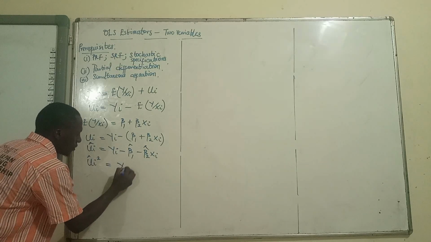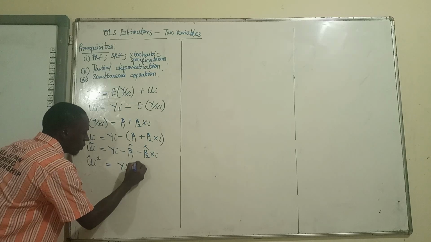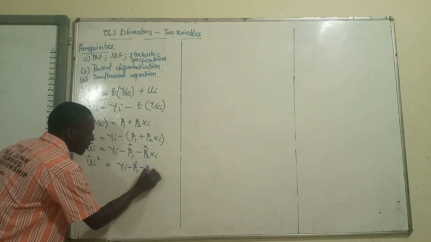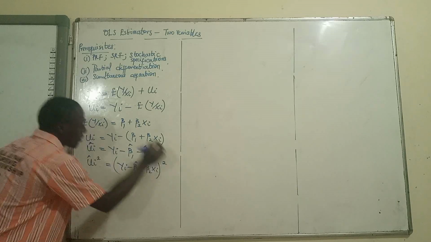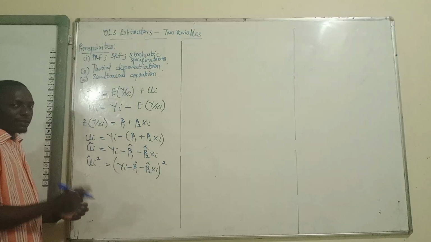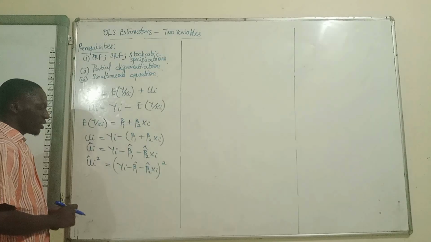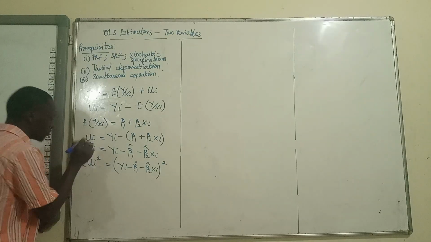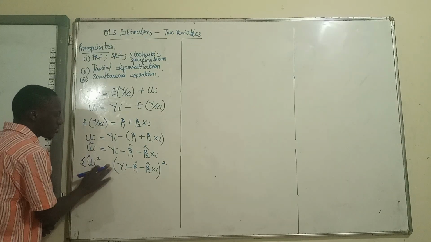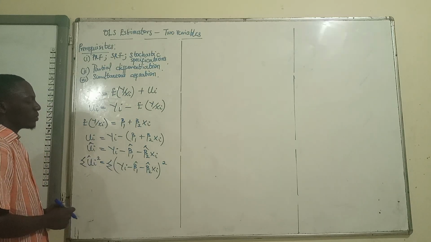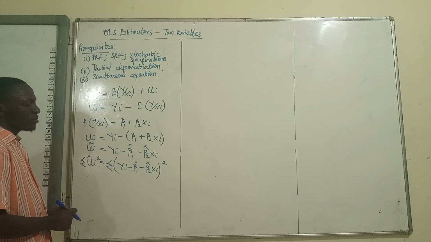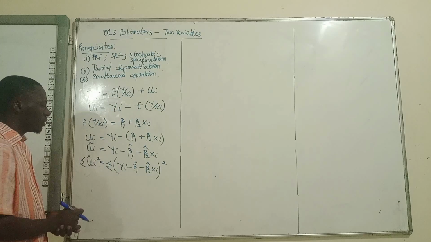Square both sides: you have yi minus beta 1 cap minus beta 2 cap xi, squared. Then you take the summation of both sides. So summation ui cap square equals summation yi minus beta 1 cap minus beta 2 cap xi, all squared.